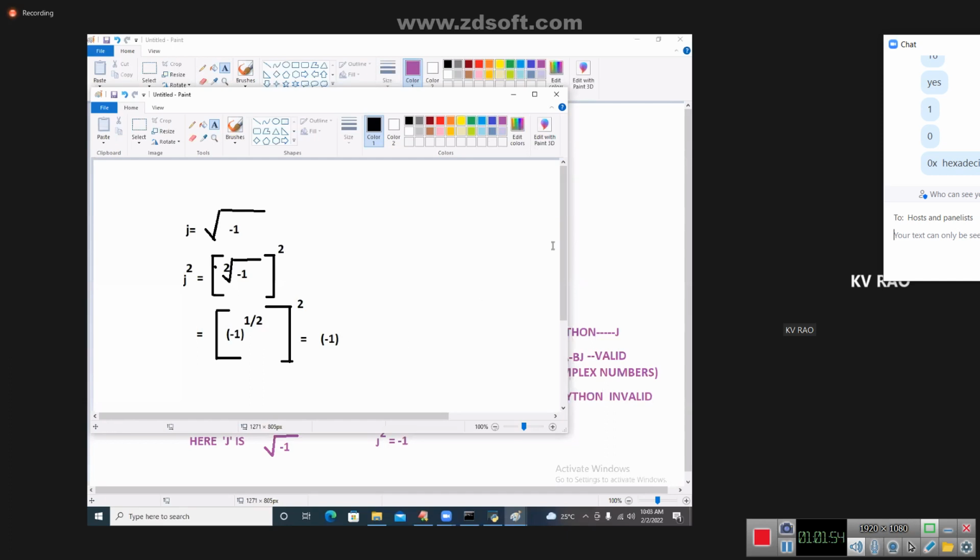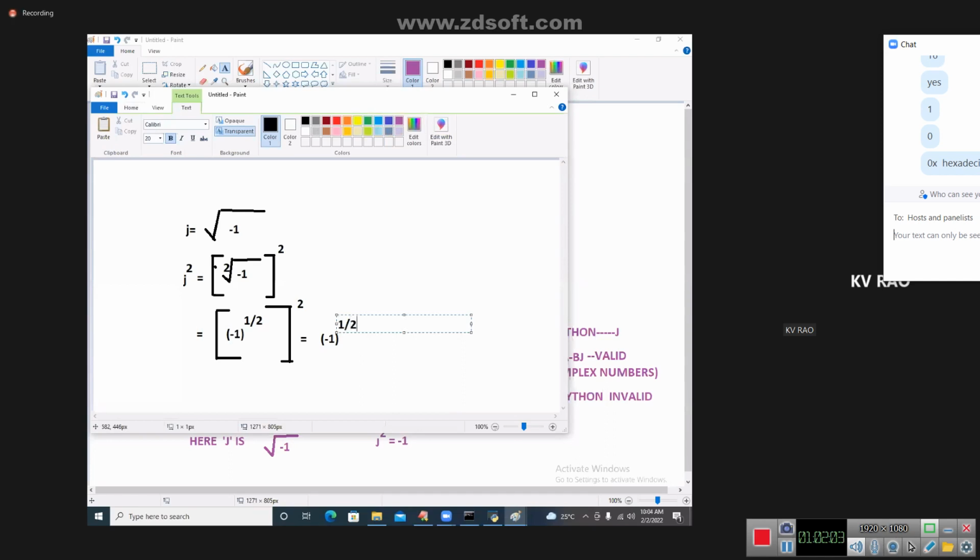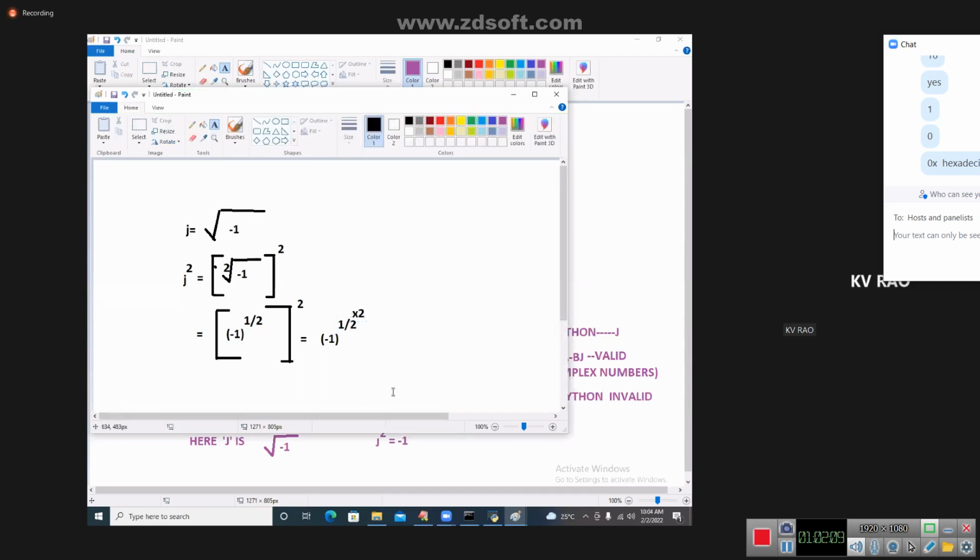Why I'm saying is because they are saying it is not -1, it is 1. That is what I'm feeling inconvenient about. They are saying 1 by 2 into 2. Because they are teaching me, that is a joke here. Ashwini, are you getting it, ma? I'm waiting for the reply. Is it 1 or -1?